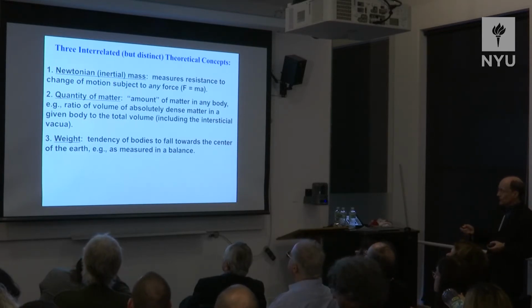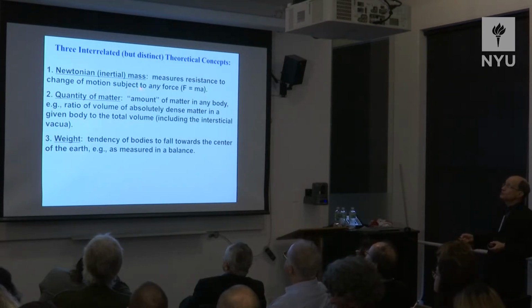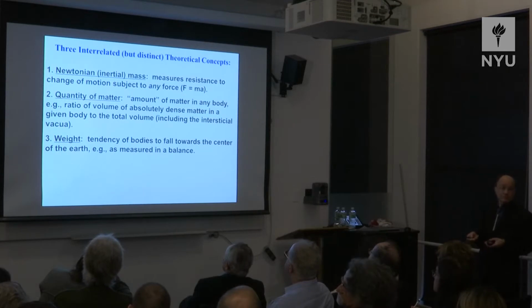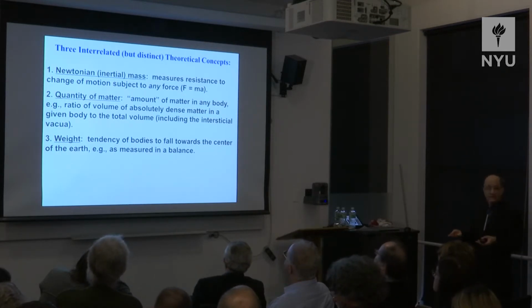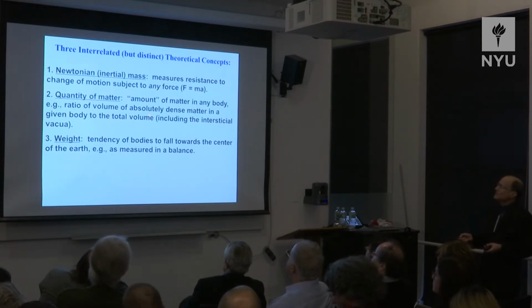So Newtonian inertial mass is a measure of resistance to change of motion subject to any force whatsoever, not necessarily gravity. That's the m in F equals ma. And that's Newton's invention. They didn't have this concept of mass before. It wasn't linked to quantity of matter. This is his concept. Quantity of matter was a vaguer concept, although it could be precisified in various ways.